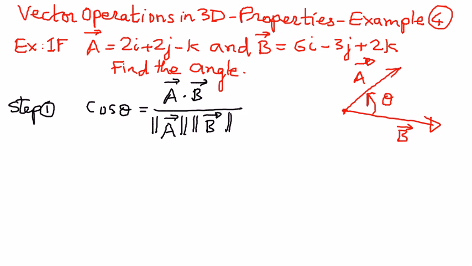Therefore, we know vector A, we know vector B, and we can perform the operations now. So step number 2, we're going to substitute the values.